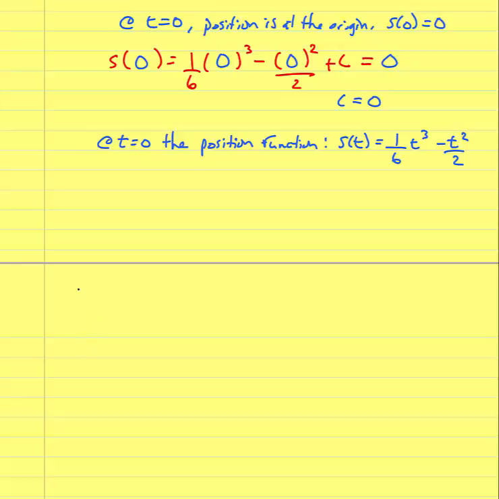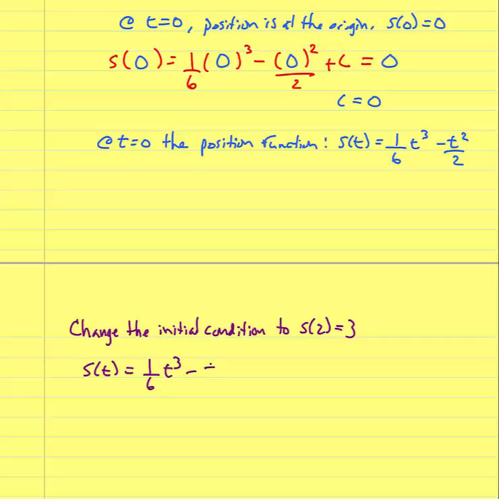So let's change our initial condition to s of 2 equals 3. Remember, s of t, my general solution, was 1/6 t cubed minus t squared over 2 plus c.